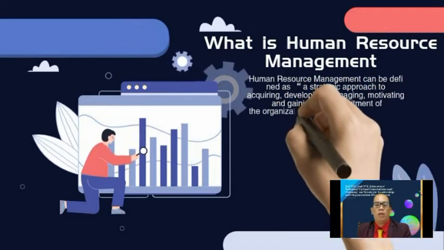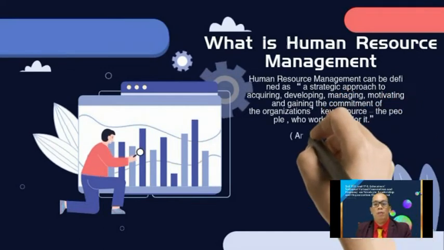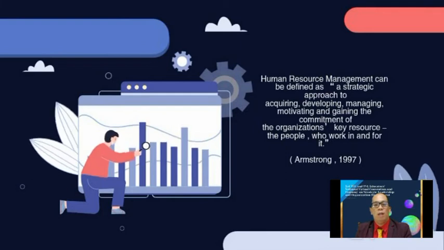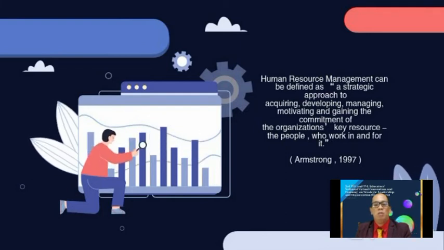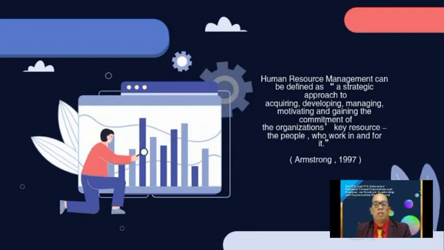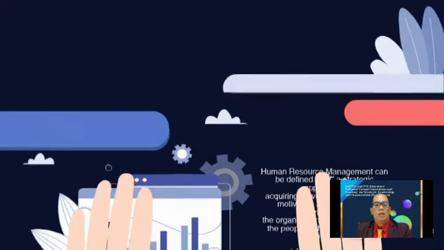According to Armstrong in 1997, human resource management can be defined as a strategic approach to acquiring, developing, managing, motivating, and gaining the commitment of the organization's key resource, and that's the people who work in and for it.